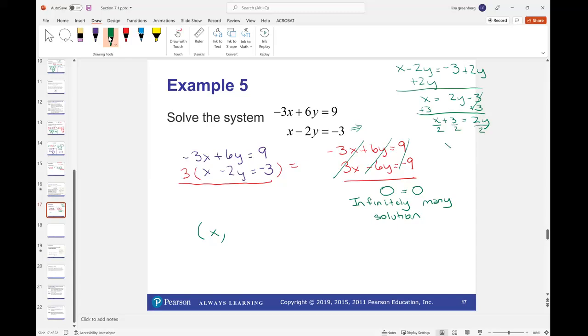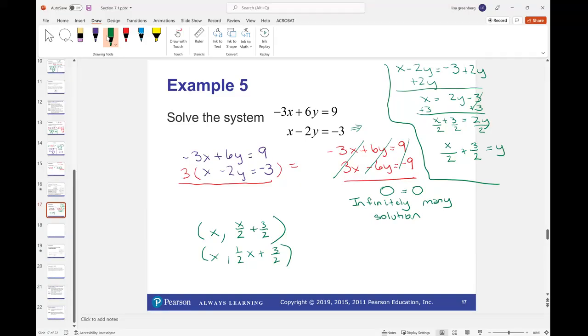And we get X over 2 plus 3 over 2 is equal to Y. So now I can literally put that here. I have X over 2 plus 3/2 is my solution for Y. Another way I can write this is X comma 1/2 X plus 3/2. Whichever way you want. I don't think it makes a difference.